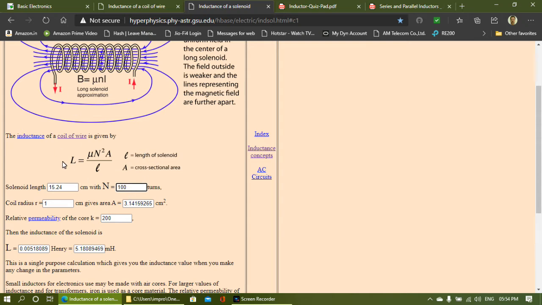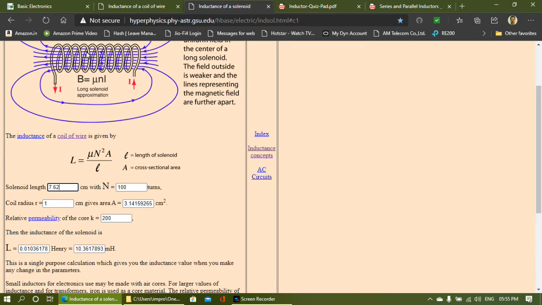But in case of a 3-inch coil length, 7.62 centimeter, with the same turns, we found that it will increase. If we reduce our coil length, then with the same number of turns our inductance value will increase to approximately 10.36 henries.